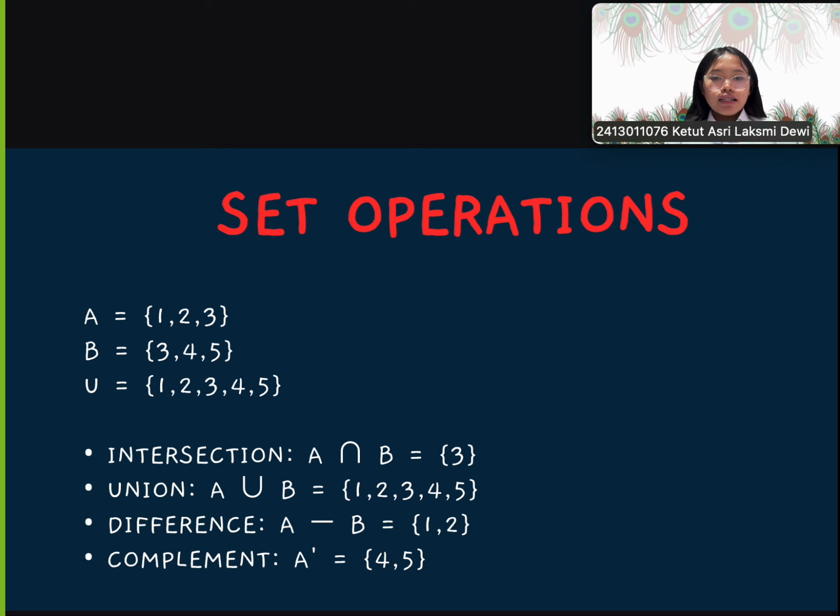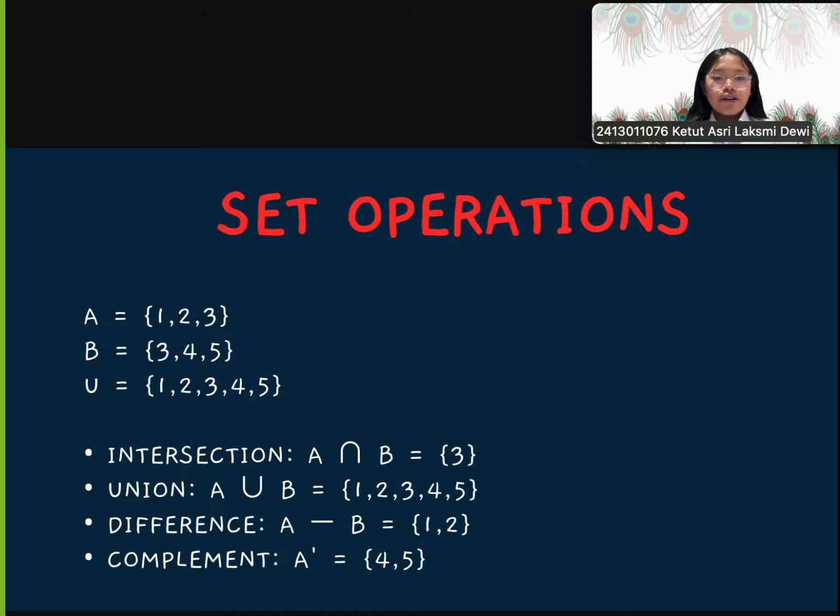So, the intersection of A and B is {3}. Second, we have union. The union combines all elements from both sets without repetition. So, the union of A and B includes 1, 2, 3, 4, and 5.